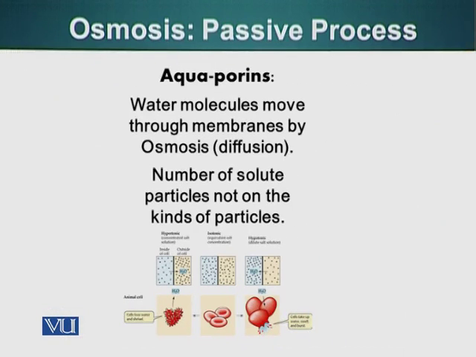If we, on the other hand, put the cell in a hypotonic solution, meaning the concentration of water is higher outside and the concentration of salt particles is low on the outside as compared to the cell, the cell will absorb water. It will keep on absorbing water till it bursts. Again, this is a process which does not require energy. It is gradient dependent, from a higher concentration to a lower concentration.